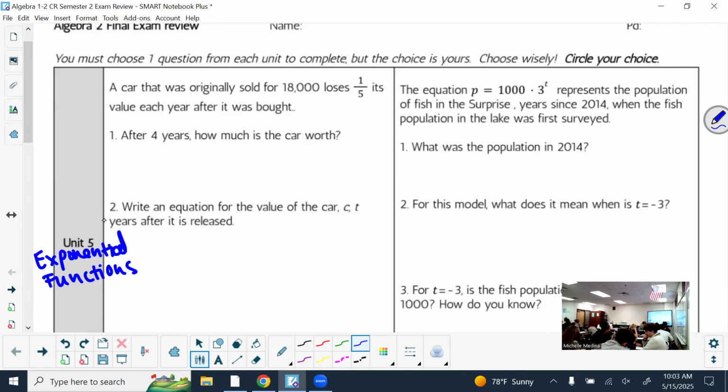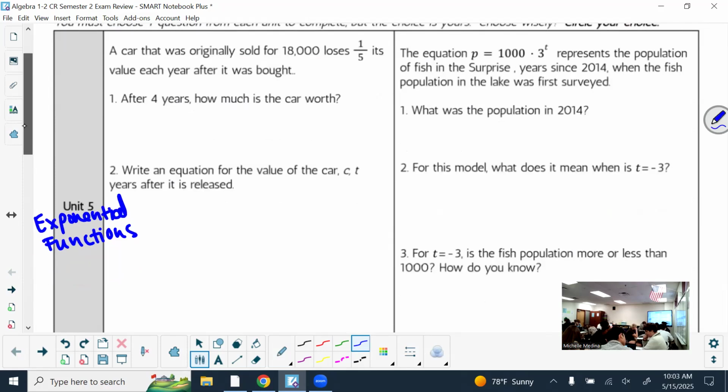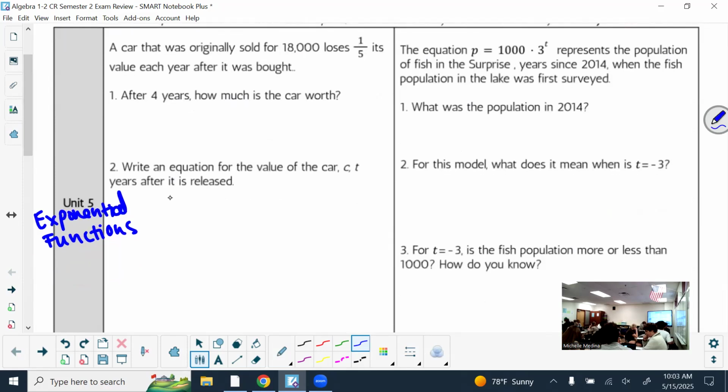What's the general setup for an exponential function? Just like you can tell me linear is y equals mx plus b, you have to tell me exponential functions are y equals what? Look in your notes, look in the notes on Schoology, Unit 5, one of the first things we did.